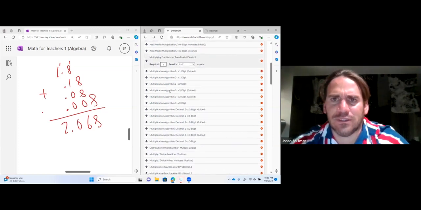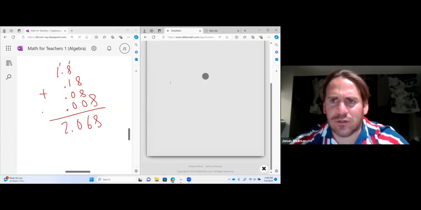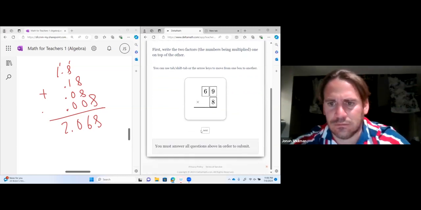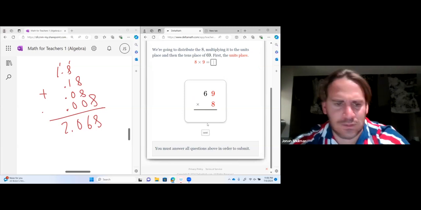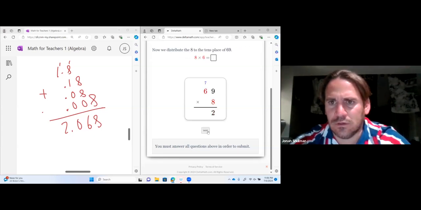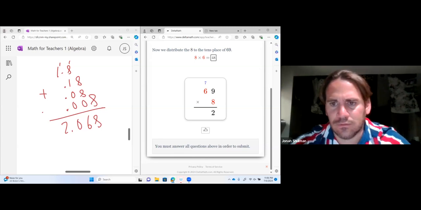All right, so we did all of the ones with the area models. So let's do some with the algorithm. 69 times 8. 6 times 9 is 72. So put the 2 here, carry the 7. 8 times 6 is 48.